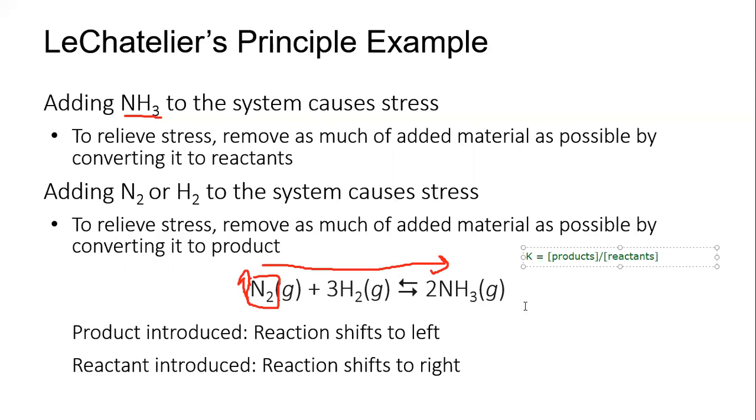And so if we increase the reactants, well then the system has to make more product to increase the products as well so that we can still maintain the same value of K. So that's why when you increase the reactants, it shifts to make more product until the ratio gives us the same K for that reaction. So again, if you add a product, it's going to shift to the left, aka add more reactants. If you add a reactant, it's going to shift to the right, aka make more product.